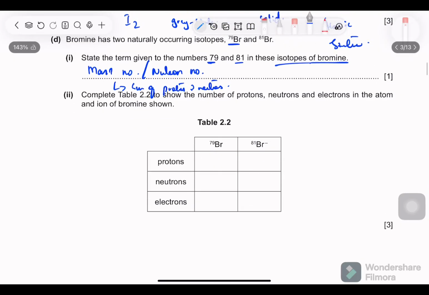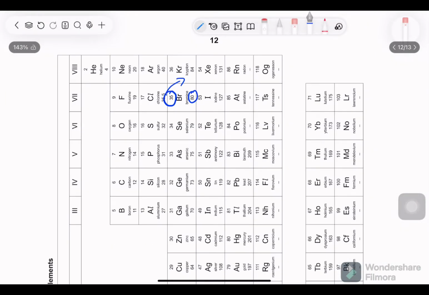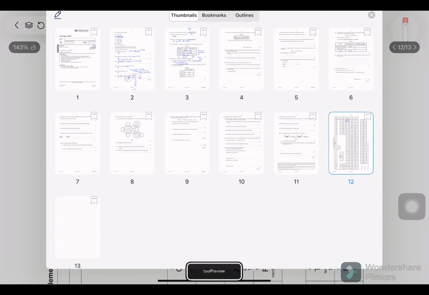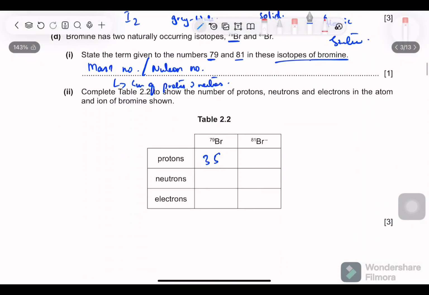The number of protons, or the atomic number, or the number of electrons in a neutral atom. So protons will be, we just looked, I forgot, it was 35. Okay, 35 protons, same here. Now, the number of neutrons is the nucleon number minus the proton number.